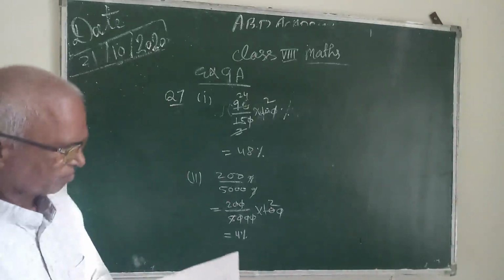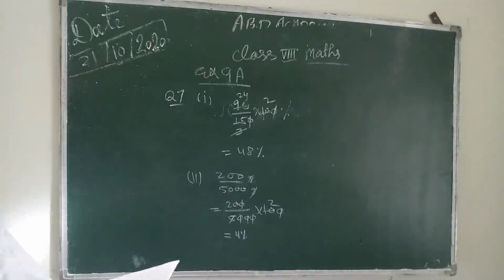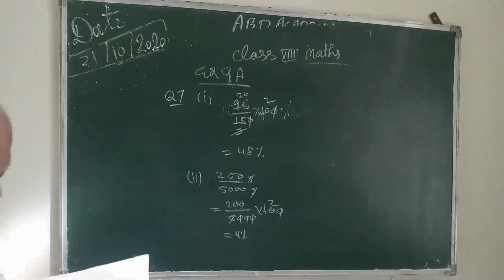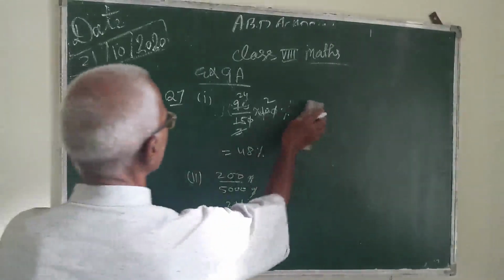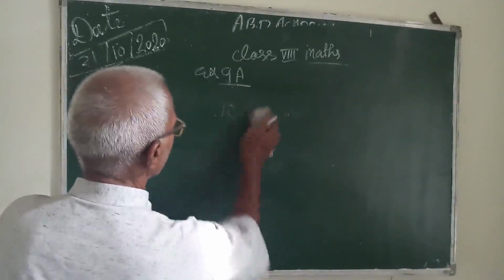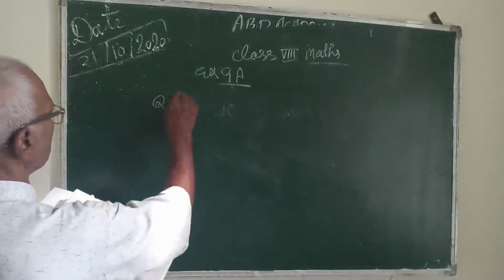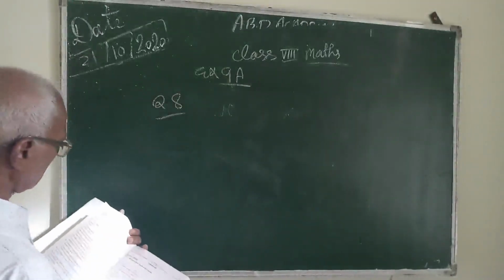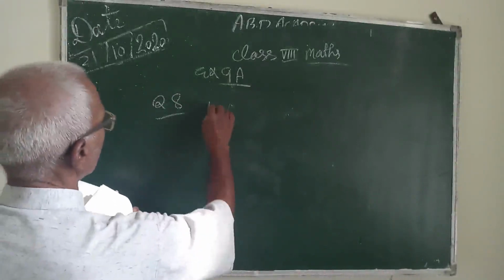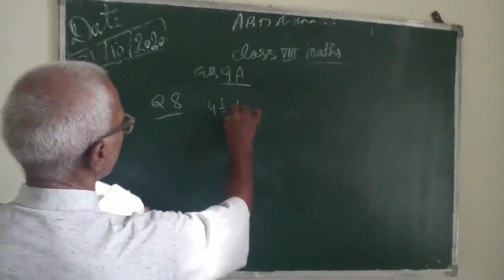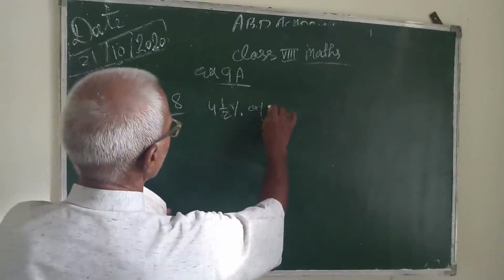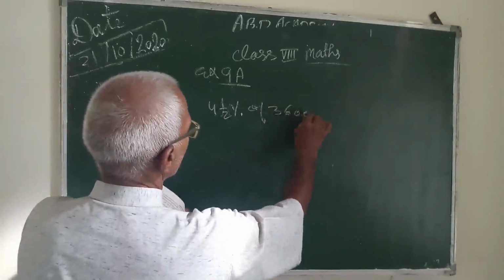You understood? So you did 2 parts of question 7. Now we should proceed to question number 8. Find 4.5% of rupees 3600.